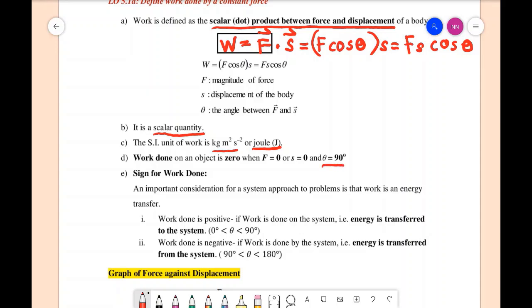That means force and displacement are perpendicular to each other, so the work done is 0.